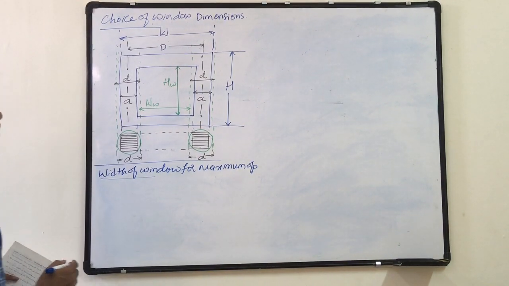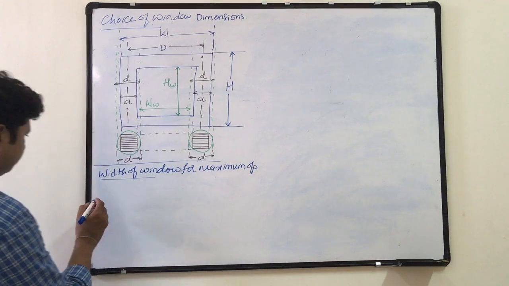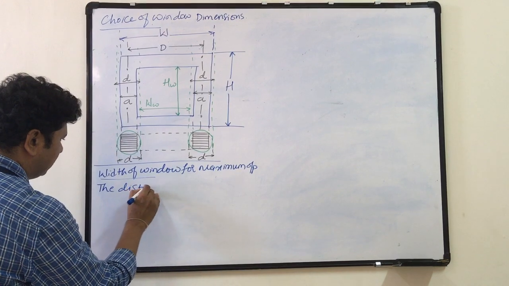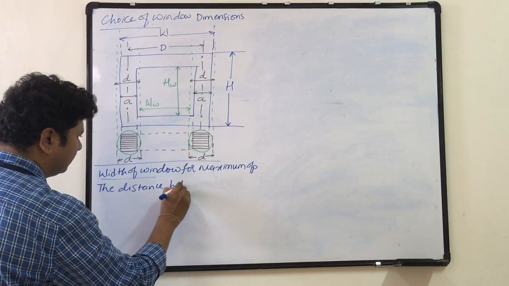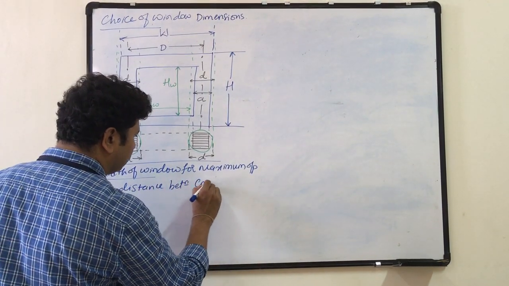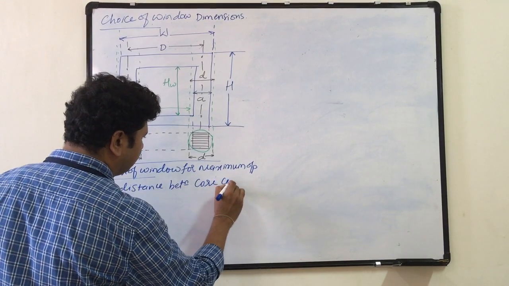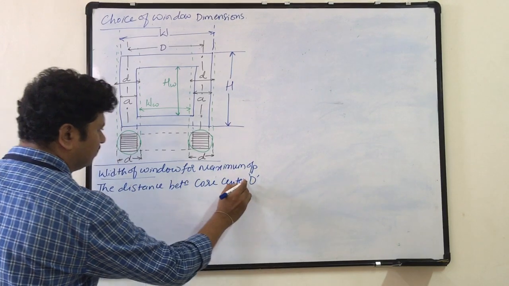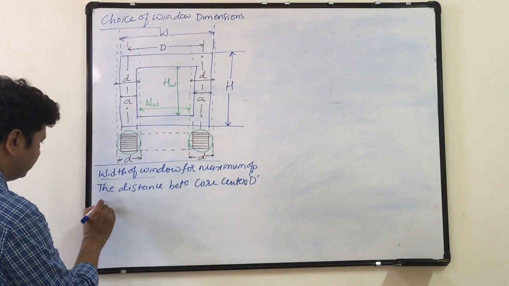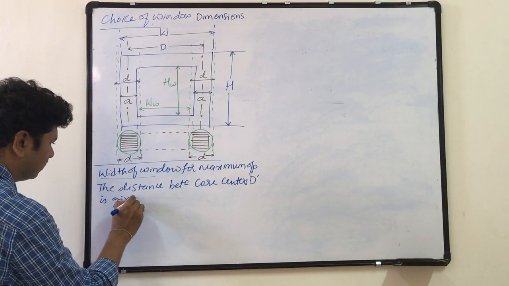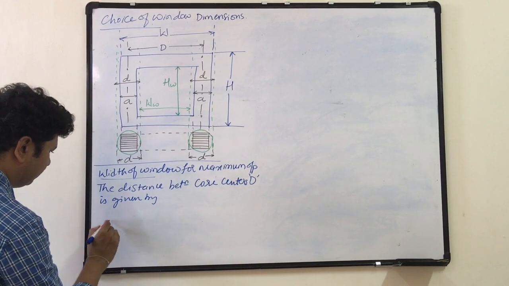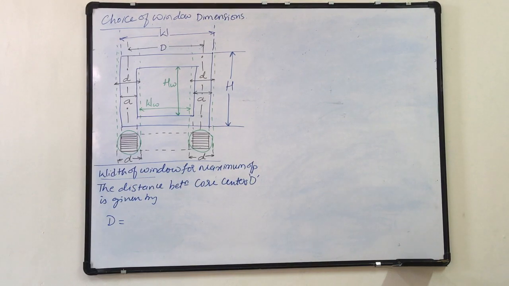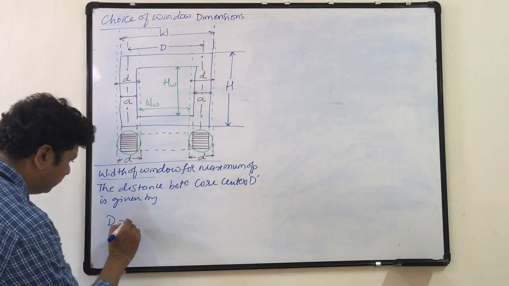The distance between core centers is given by D, the distance between core centers. D is equal to the width of iron.